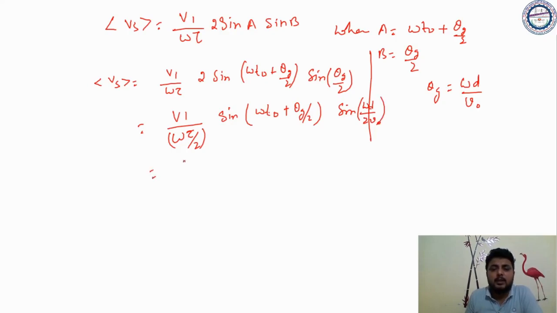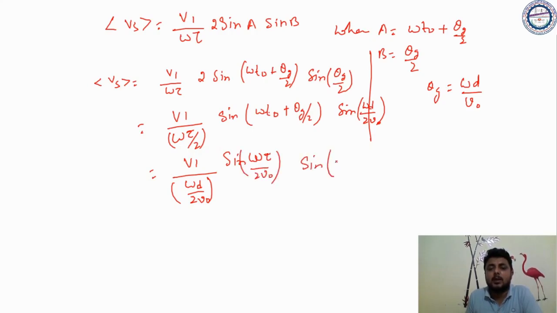So we will get here V1 divided by omega d by 2 v naught, because we will substitute tau is equal to d by v naught, and we have sin of omega d by 2 v naught into sin of omega t naught plus omega d by 2 v naught.